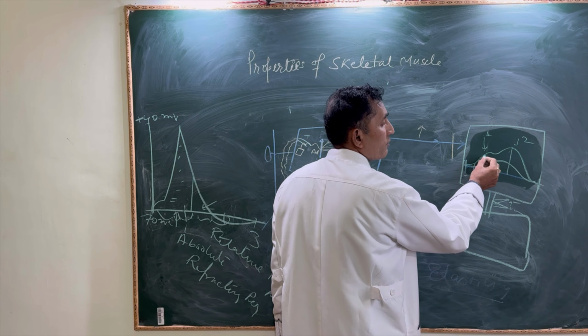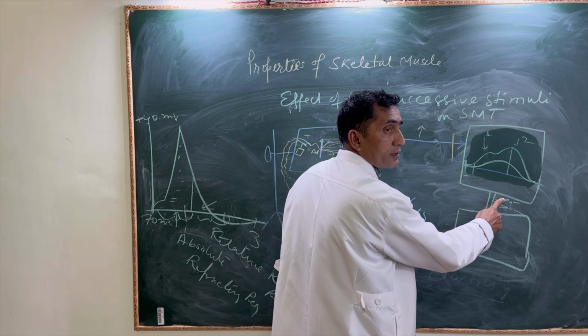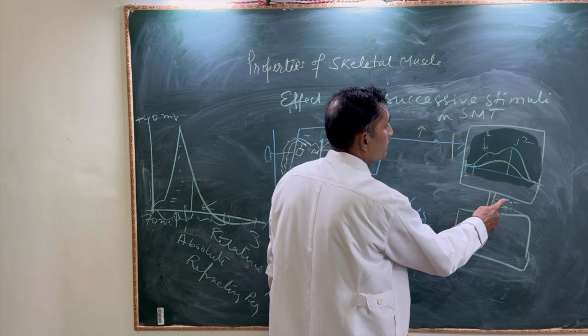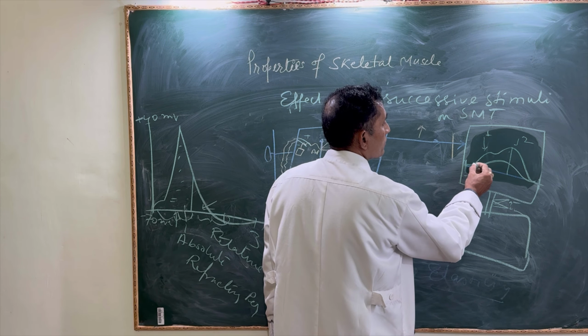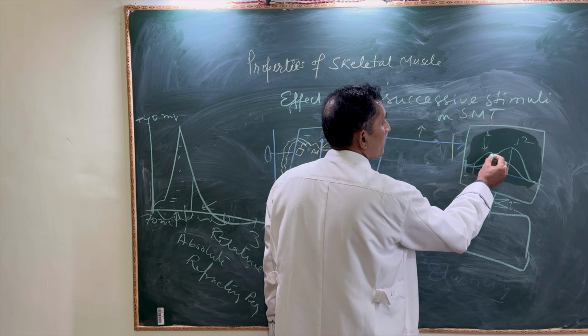The name of the experiment is the effect of two successive stimuli on simple muscle twitch. This is one stimulus, this is another stimulus. This is the response coming from one stimulus, and this is the response coming from the other stimulus.